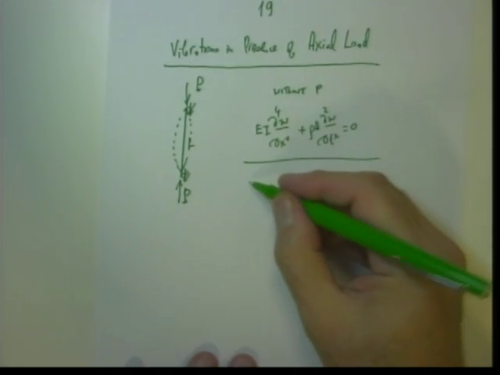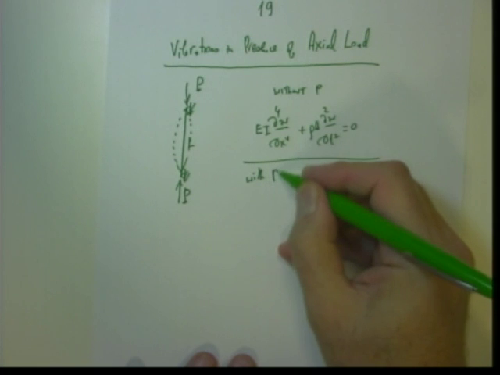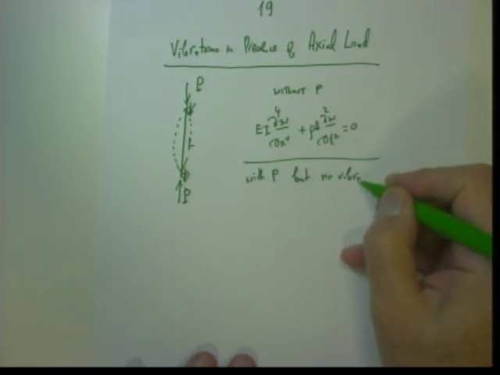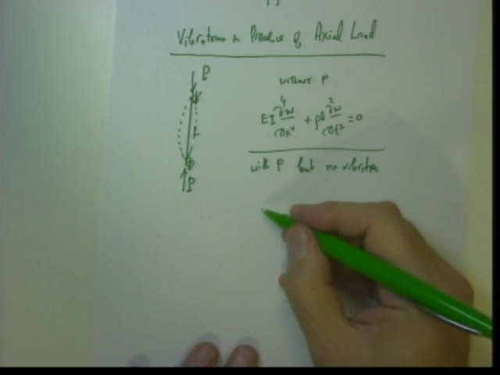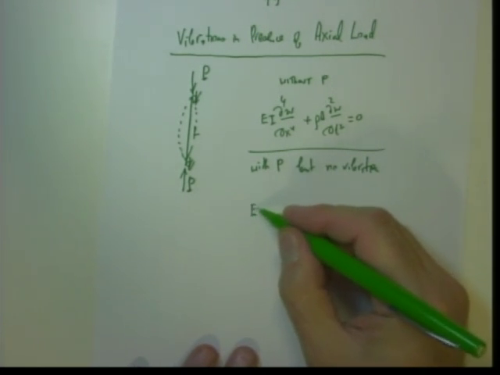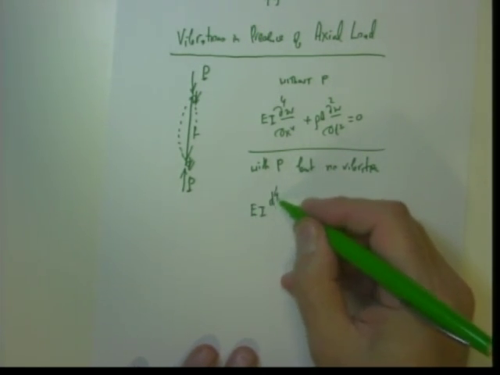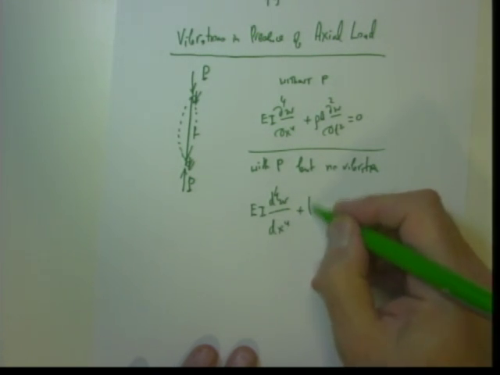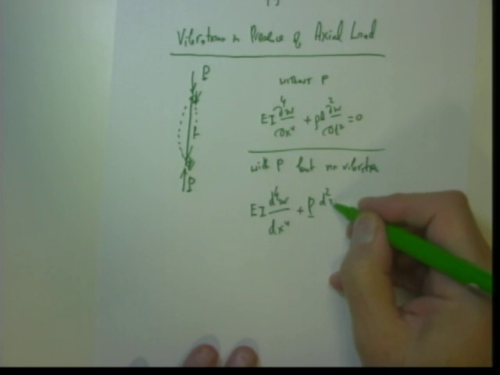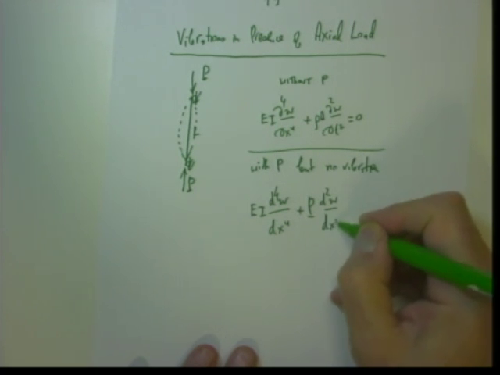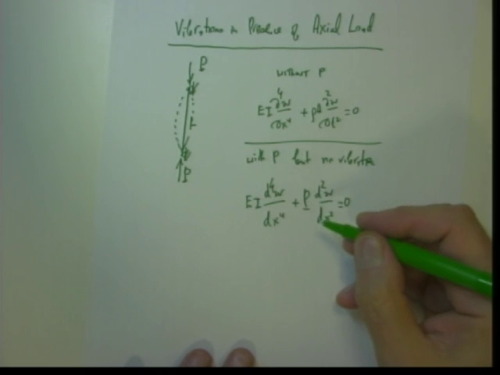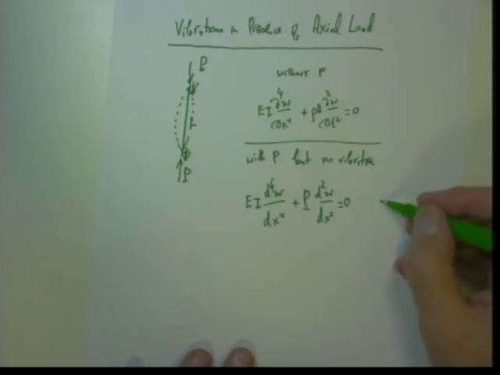With P, but no vibration, the differential equation is like this: EI d4W/dx to the fourth power plus P d2W/dx squared equals 0. In this case, if there is no vibration, then W is a function only of x.